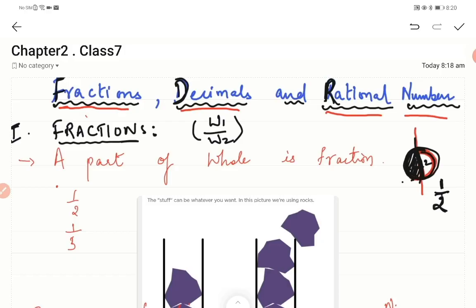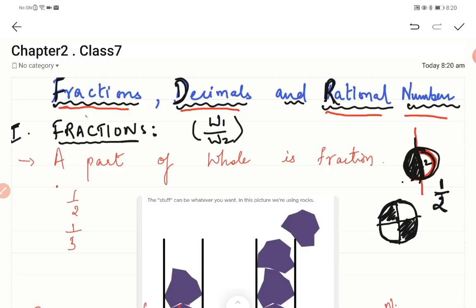So if you take another example, already you have studied all these things, so let's just revise this. All right, if I divide this into 4, and I want to shade only these two parts, how do you write this diagram as a fraction?